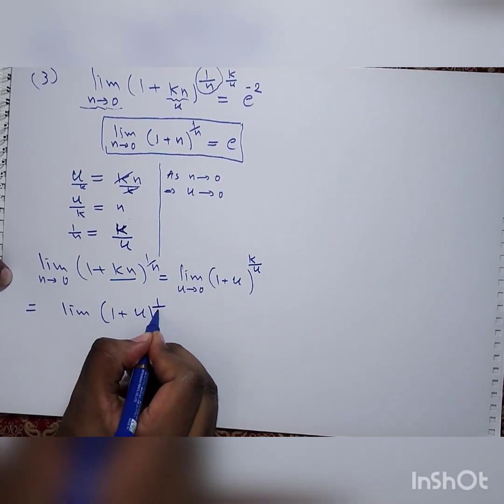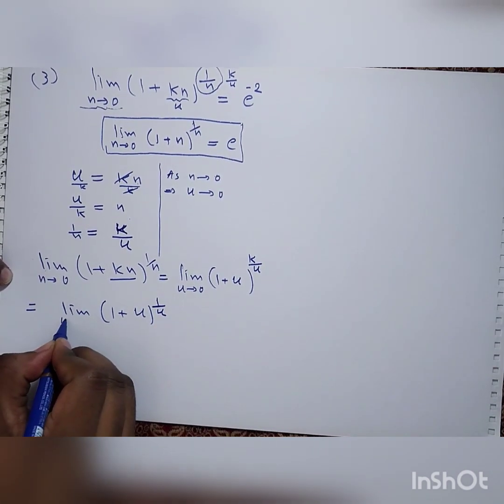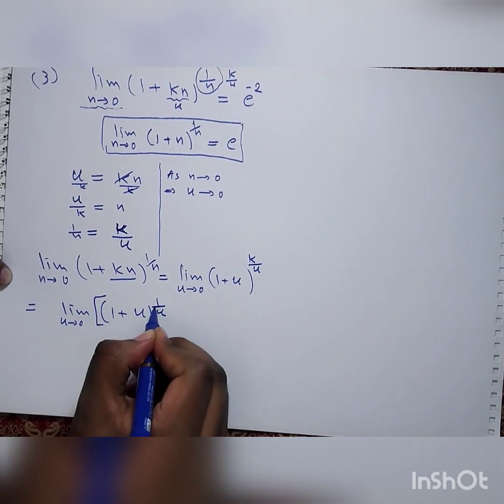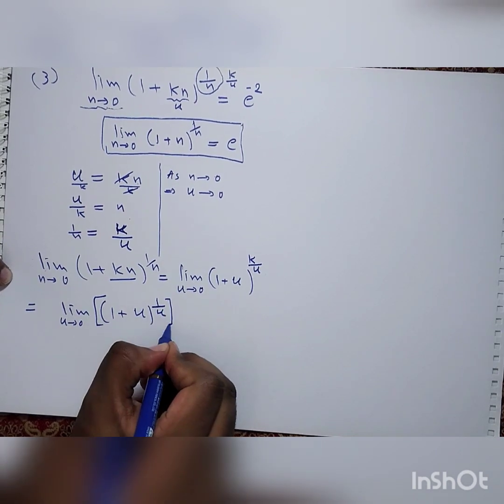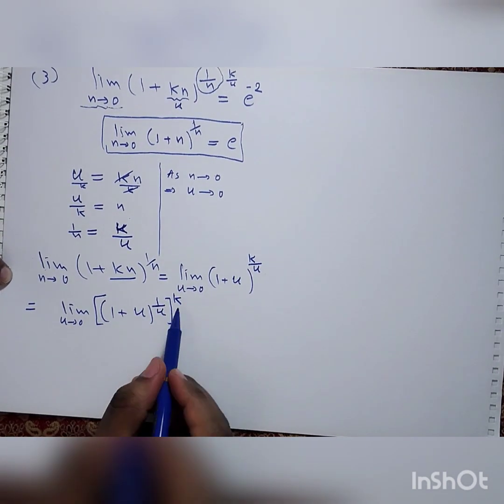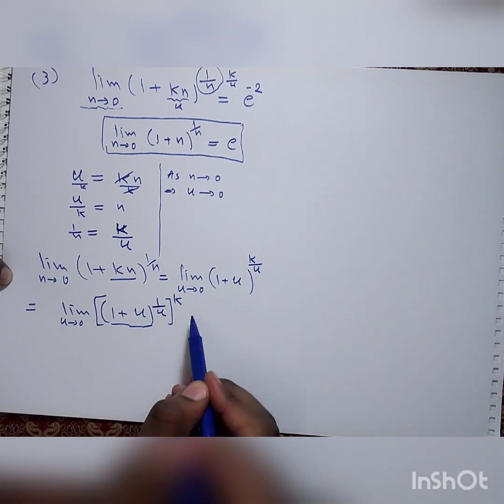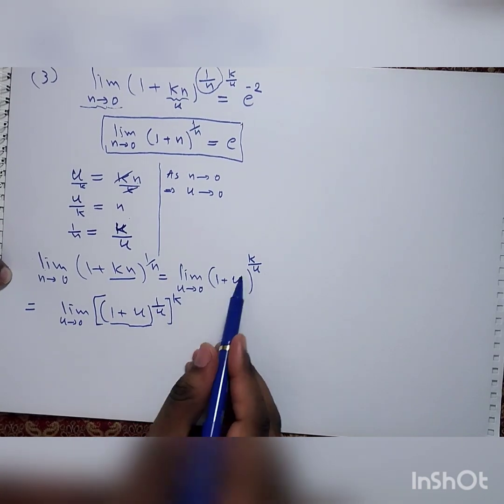1 over u, when u approaches 0, but now everything here is to the power k, because when we multiply the internal and external exponents, we get this again.